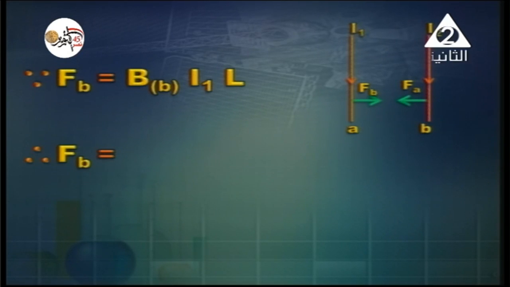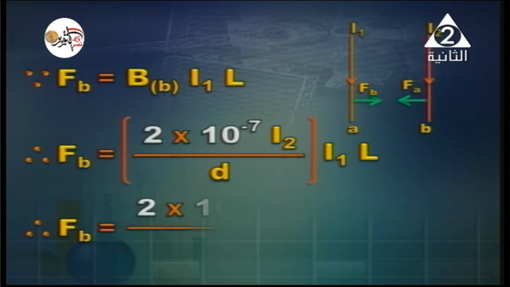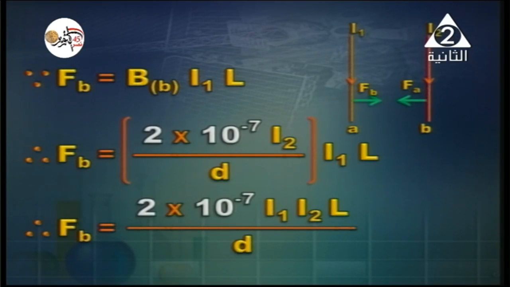Force of the magnetic field of wire B is equal to the field of wire B times current I1 and L. Okay, field of wire B, but when we take the current, we'll take the current passing through wire A. The field of wire B is equal to 2 times 10 power negative 7 I2 over D, and of course we have I1 L. So we can say F produced by wire B, the magnetic force of wire B, is equal to 2 times 10 power negative 7 I1 I2 L over D. This is the first equation.